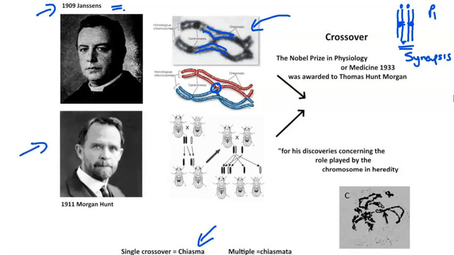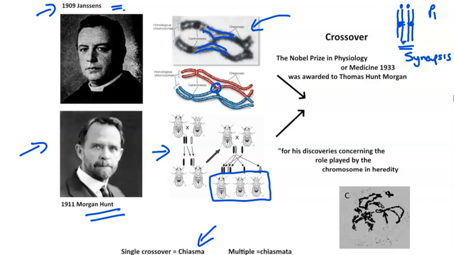Just a year or so later, in studies on fruit fly breeding behavior, Morgan started to observe outcomes in his genetics crosses on the fruit flies which were not predicted by the Mendelian laws.